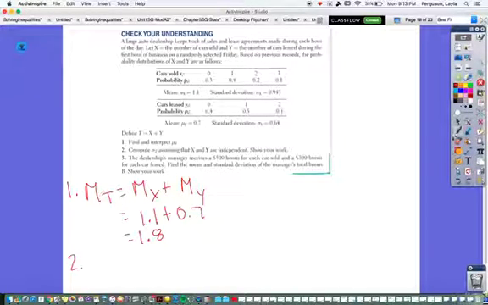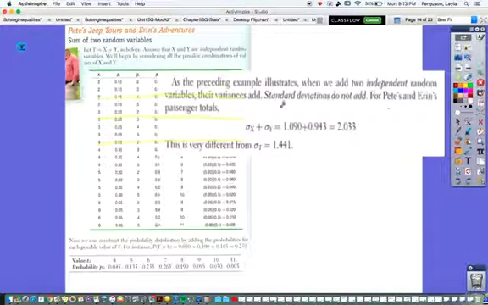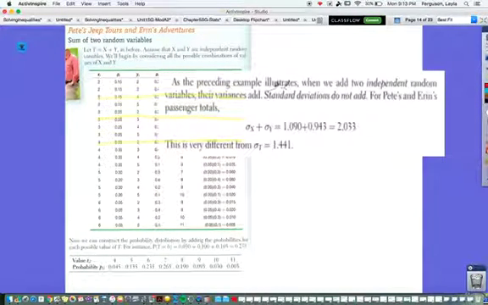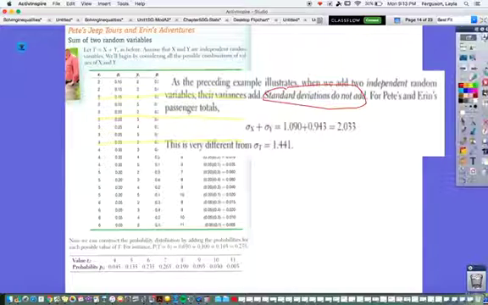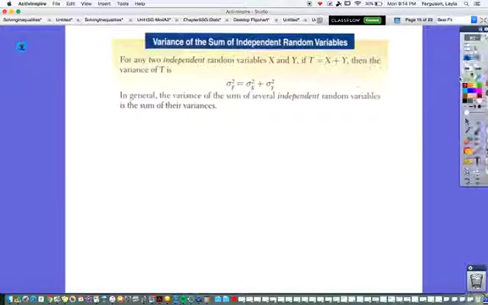Alright, so whenever we have to compute the standard deviation for T, assuming that X and Y are independent, we have to remember that back a few slides we said that standard deviations do not add. This is very important. So even though the two events are independent, we can't just add them together. We do know, though, that their variances will add if we have two independents.